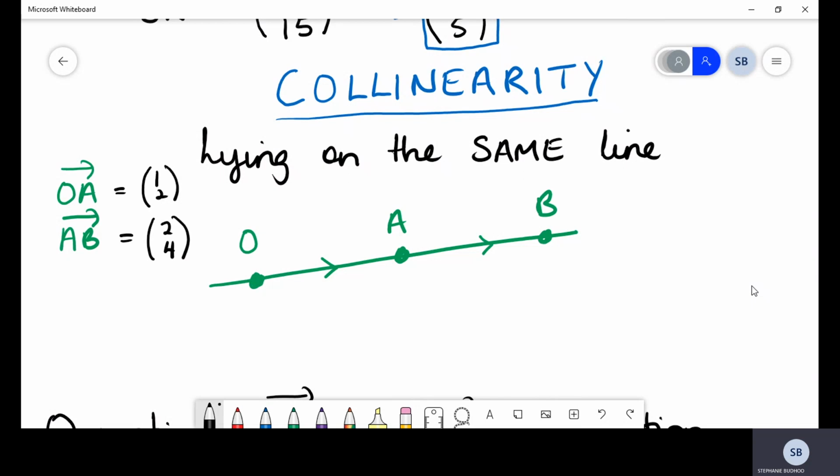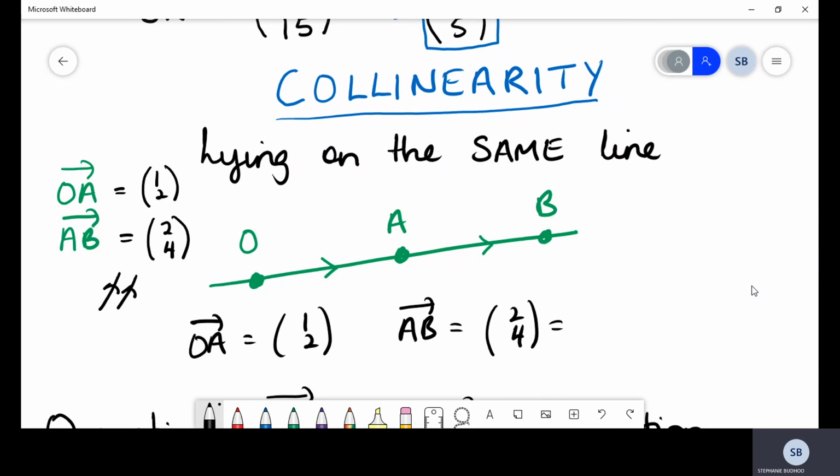Now, if I were to ask you, are the vectors OA and AB parallel to each other? Well, then we can go ahead and test it. We can see that the vector OA, which is equal to 1, 2, has been reduced as much as possible. So let's try to reduce the vector AB.